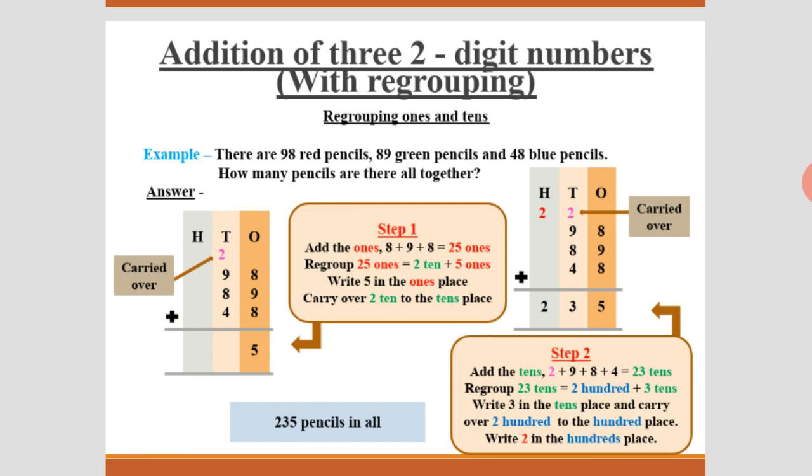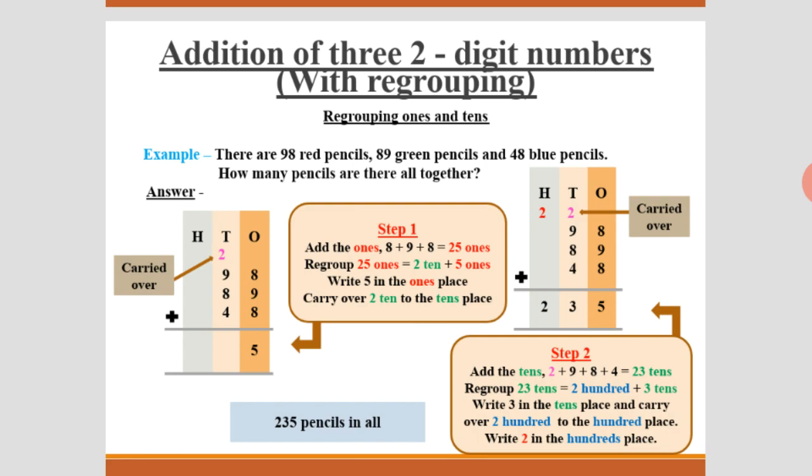Now how many pencils are there altogether? Here we see the numbers 98 plus 89 plus 48. To find this sum, arrange them one below the other as shown.